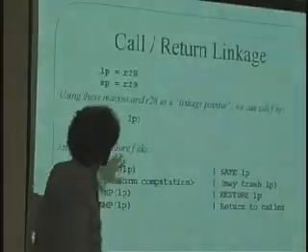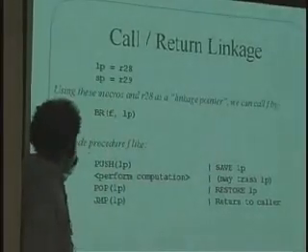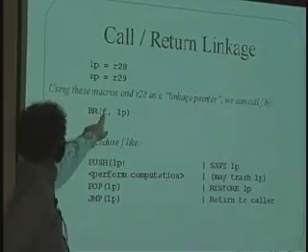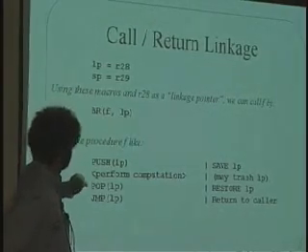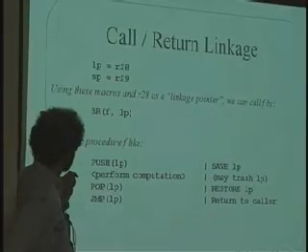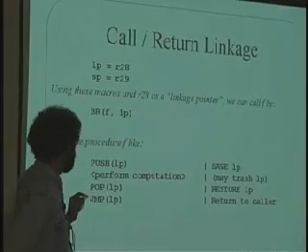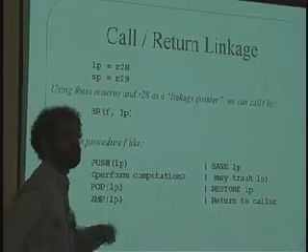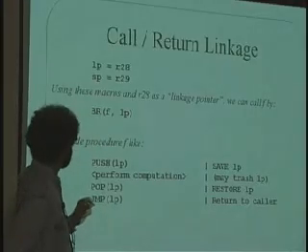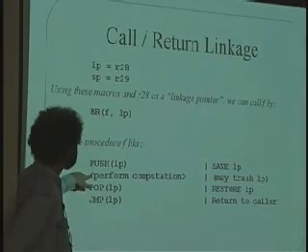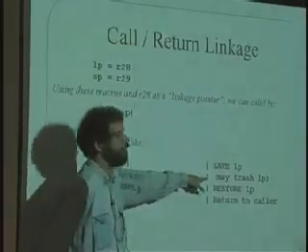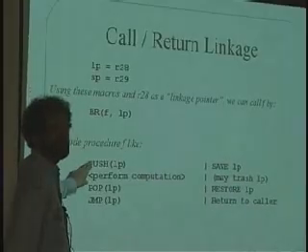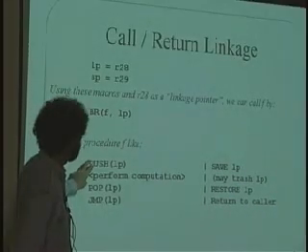So let's talk first, though, about using the linkage pointer and the stack pointer. Typical thing, if we want to do a call, we say branch to a function f with the linkage pointer. If we want to be careful about that and make sure the linkage pointer doesn't get destroyed by the next call that happens, if the caller calls another function that might trash LP, in general, we will surround it with a save of LP and a restore of LP, to use the same language as the scheme book.